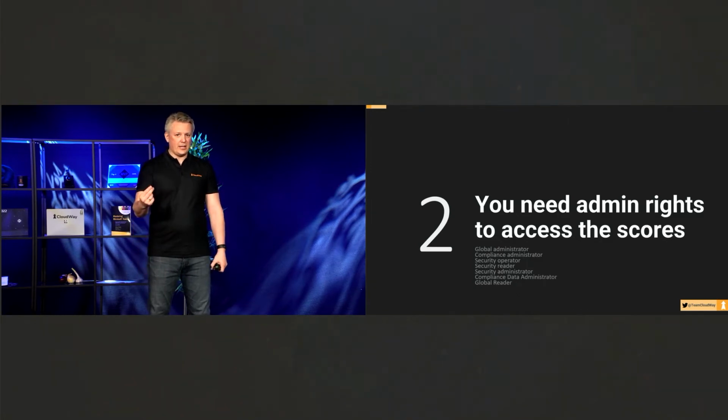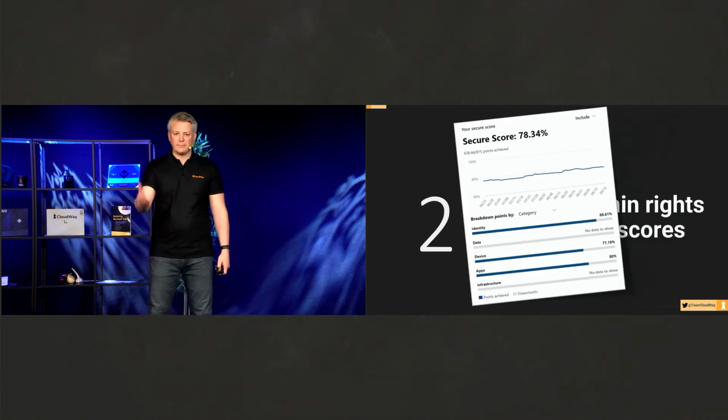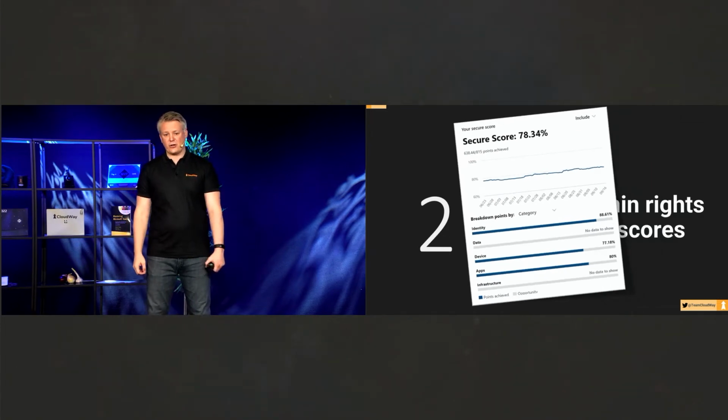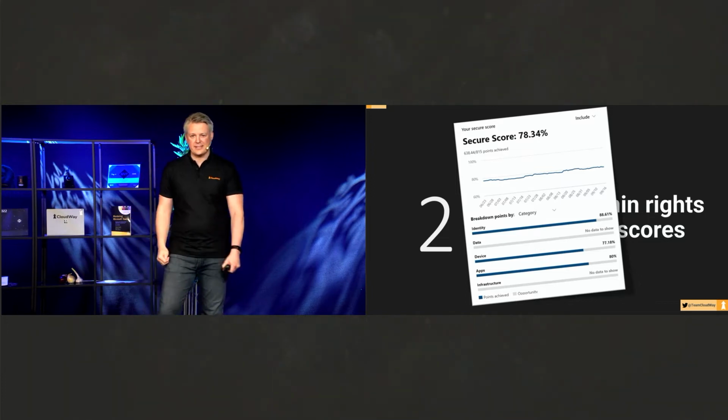And also the challenge is that it's not the technicians that should own this process. It is the managers, project managers, those who care about this. And they typically don't get access to the platform. So how do we solve this? Well, let's take a look at the secure score and compliance score before I tell you the answer. I do have an answer to this.